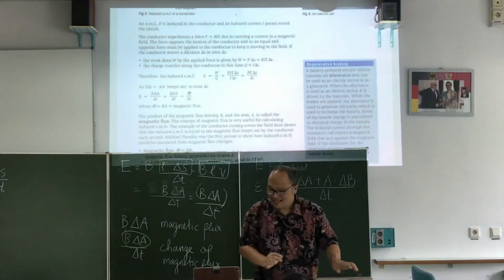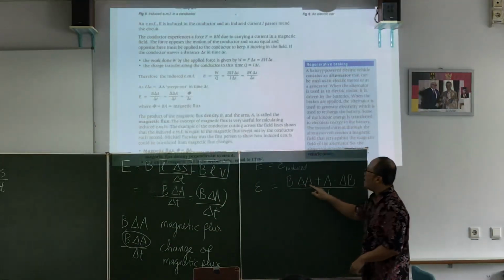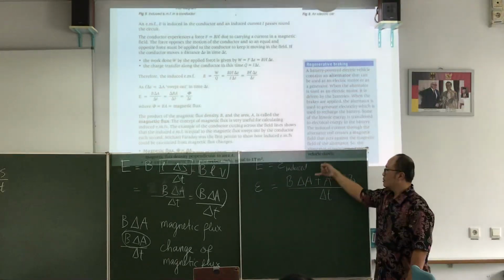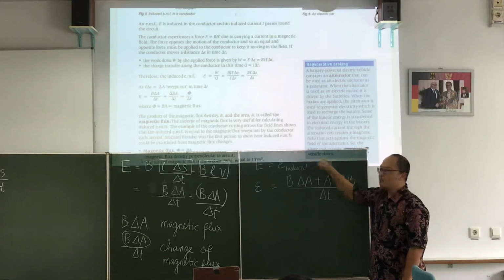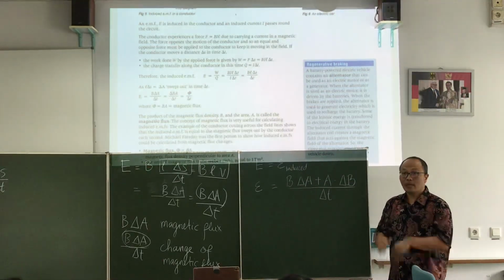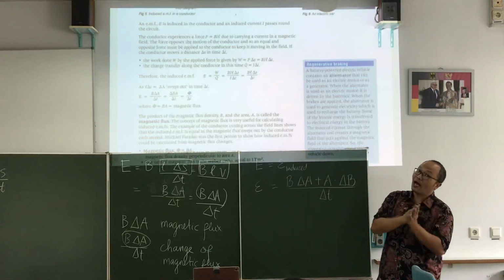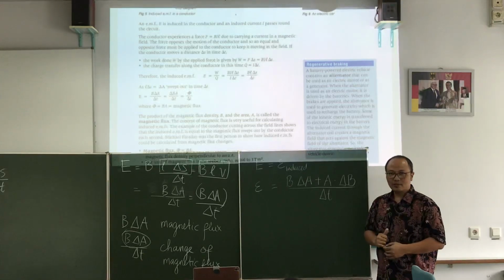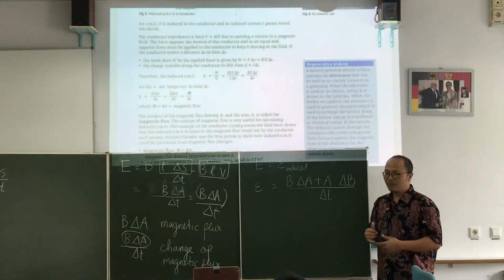Now, keep it in mind, change of magnetic flux can be because of this change of area or because of change of magnetic flux density. I will explain through examples. I know it might seem unreal and theoretical to you now, but it will be explained soon.